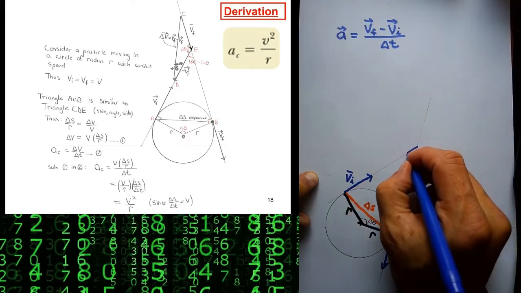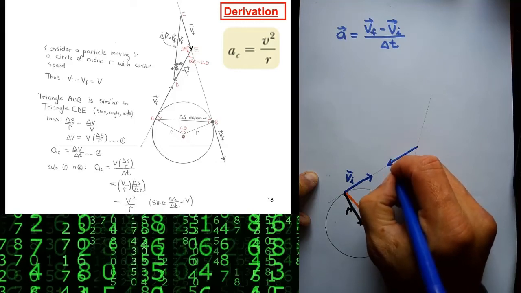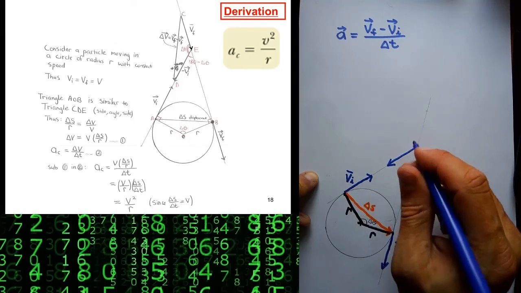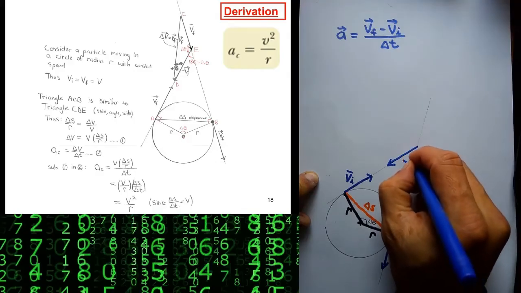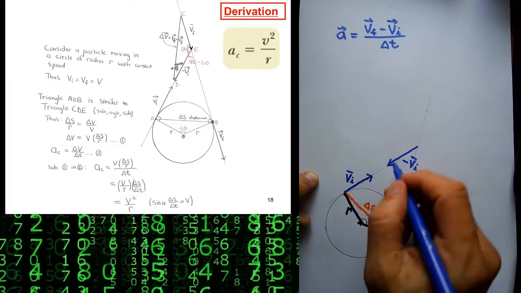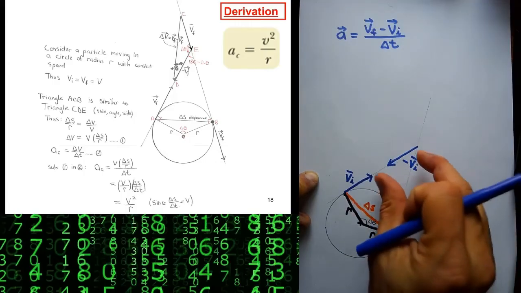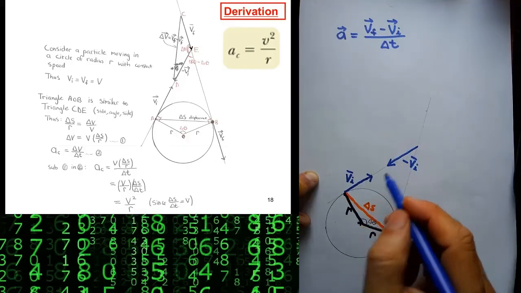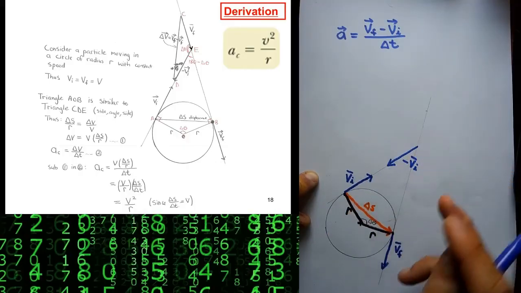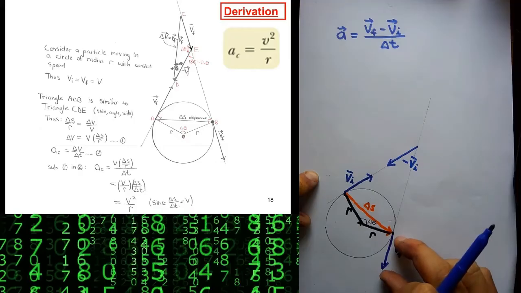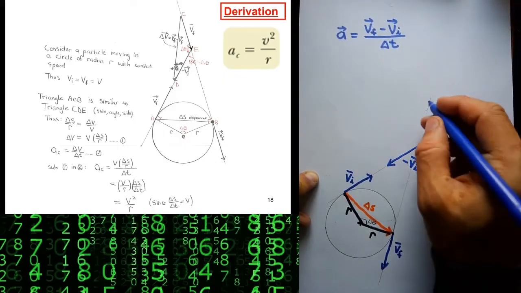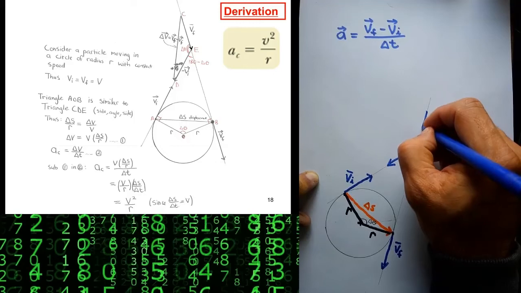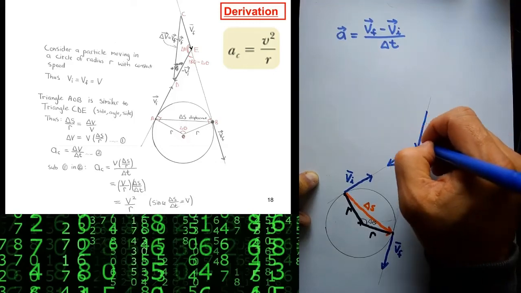So because of that, I can draw a vector like this, and this vector here is going to be minus VI. Check it out. It has the same orientation as VI, but it points in the opposite direction. So it's minus VI. I'm also going to move this vector here. I'm simply going to shift it upwards, and I'm going to redraw it in this position over here. So over here, I'm going to have vector VF.